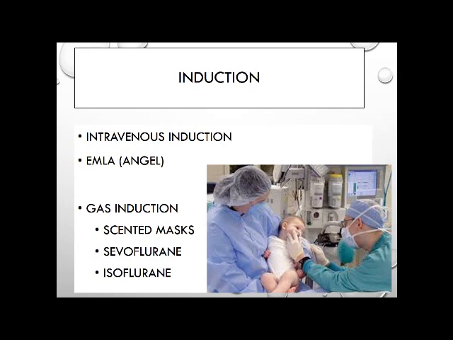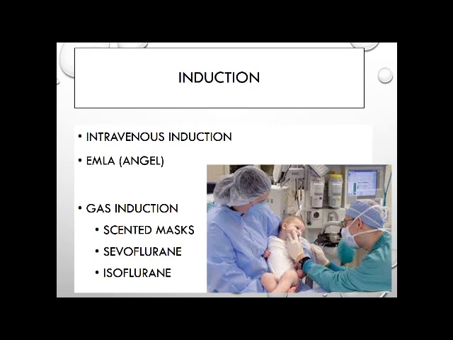Using a local or topical anesthetic such as Emla cream or Ametop cream would highly facilitate cannulation, and hence increases the margin of interaction with the child and reduces anxiety in the parent and the child. Gas induction is very common with younger children, where intravenous is not ideal. The use of scented masks and sevoflurane or isoflurane is common.